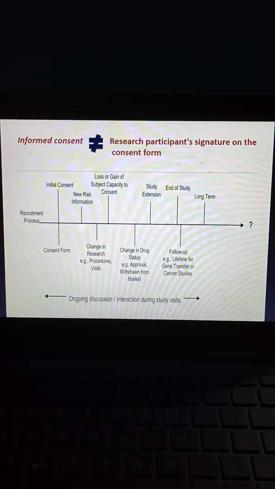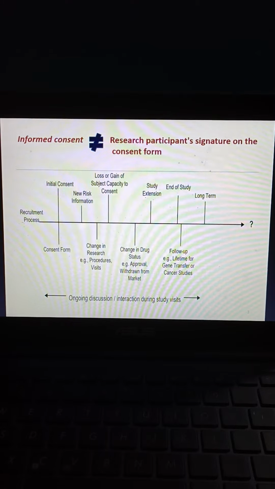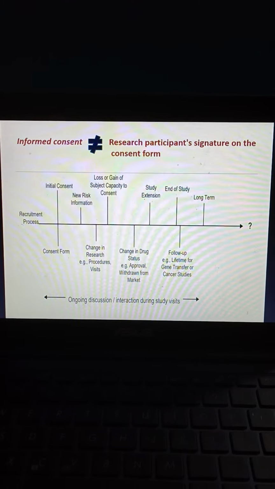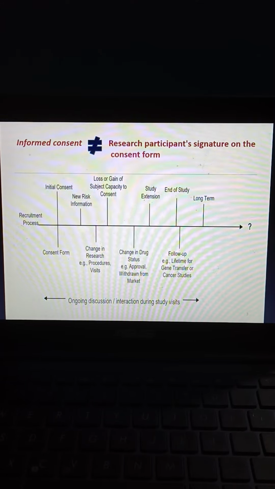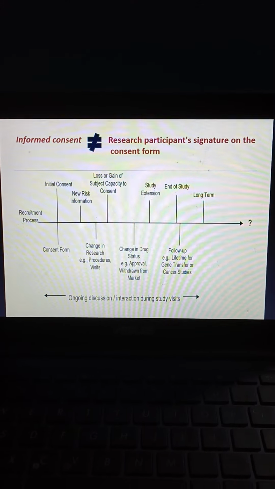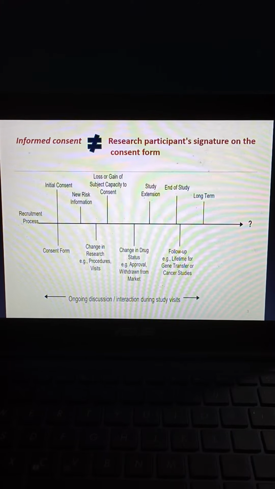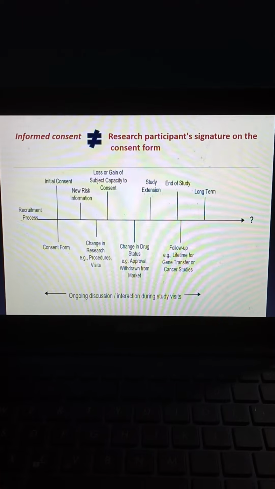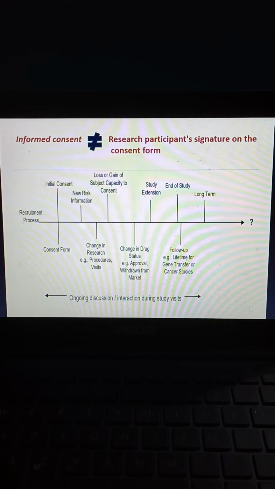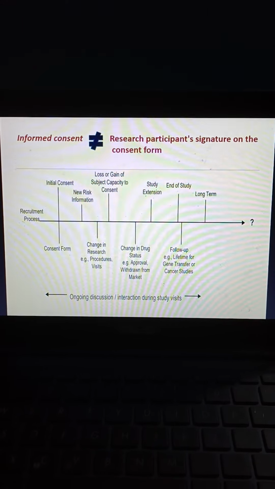In the consent form, initial consent is to be given by the participant. Then new risk information is to be told to the participant, and changes in research and procedures, visits should be discussed with the participant.